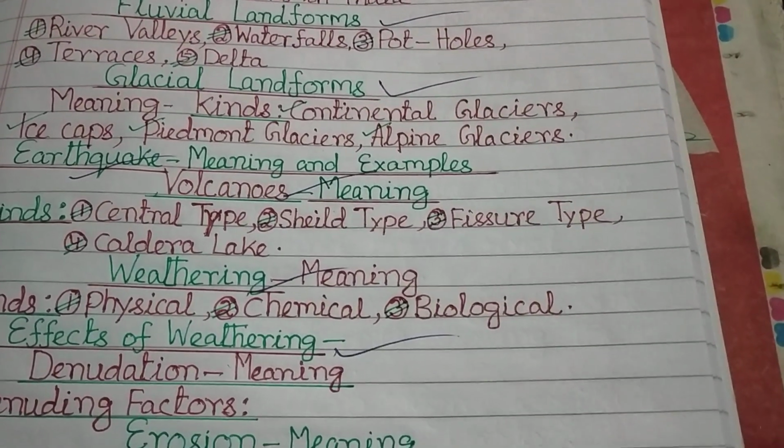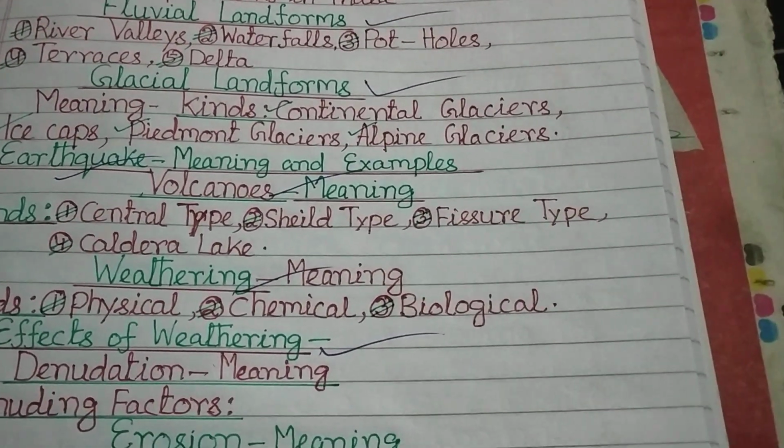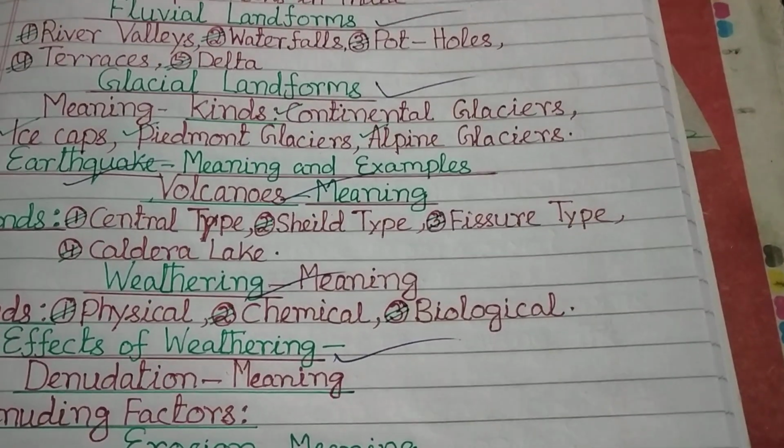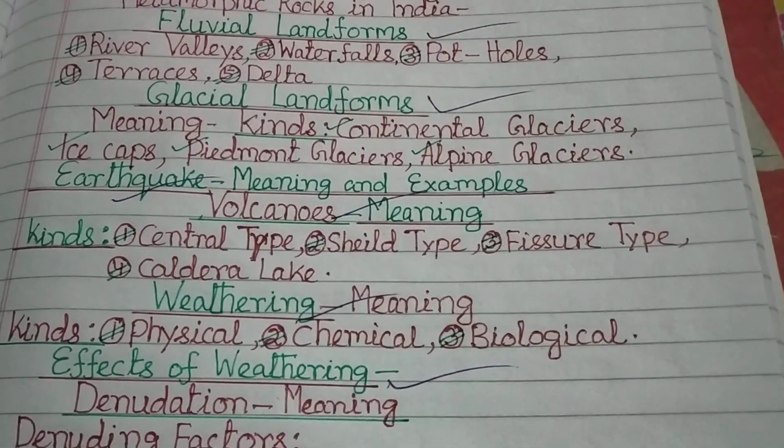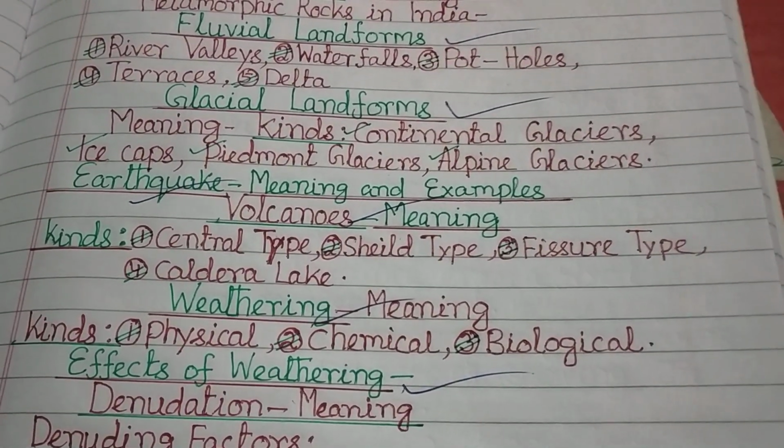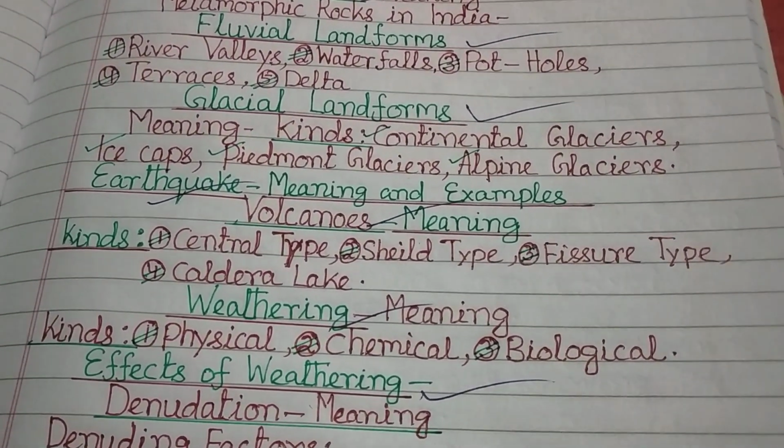So, river valley at different stages of the erosional cycle, the valley acquires different profiles.